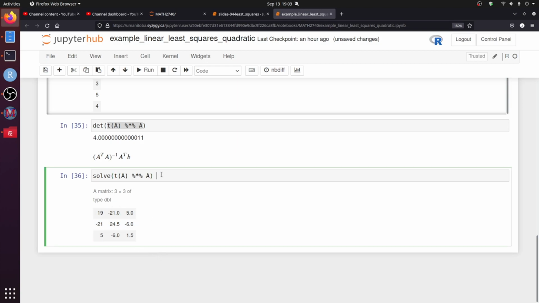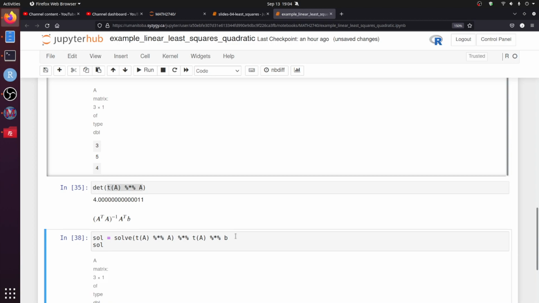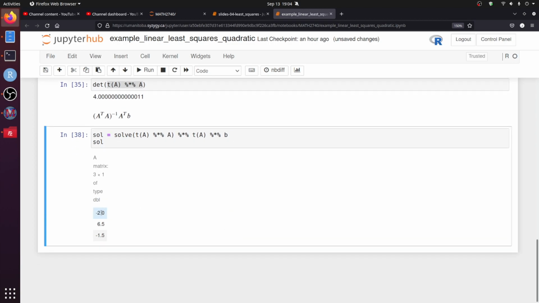I need to multiply this by the transpose of A again, and then multiply this again by B. I'm going to store this in, let's call it solution. So what does solution look like? It's a vector with 3 rows. So these are the coefficients A0, A1, and A2.